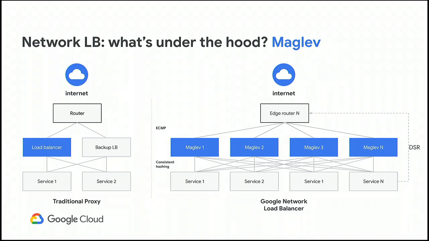So if other backend instances come up or go down, your current connection keeps tracked and stays stable. The second, it does something called consistent hashing, which means that regardless of the set of Maglevs changing, the backend is always selected consistently. So that's essentially Maglev under the hood.